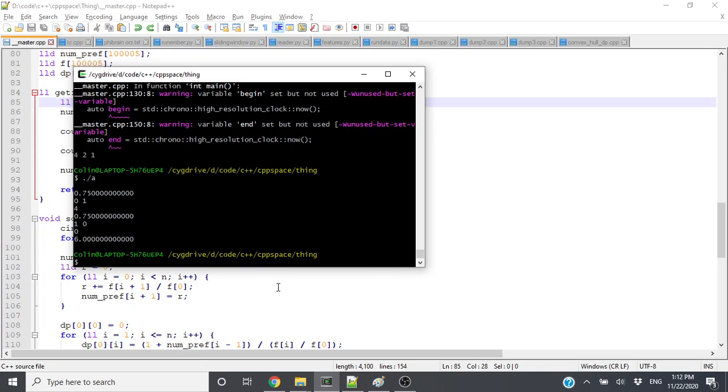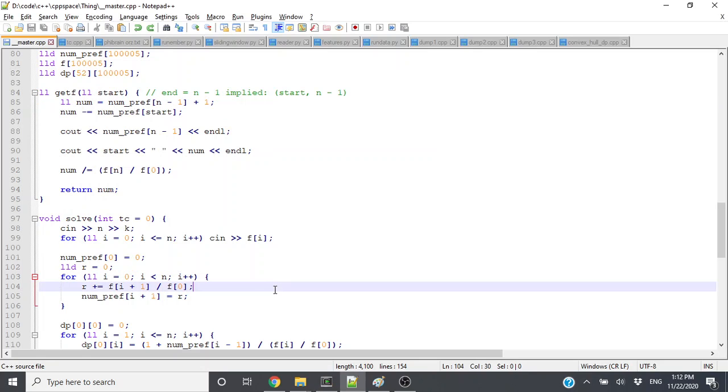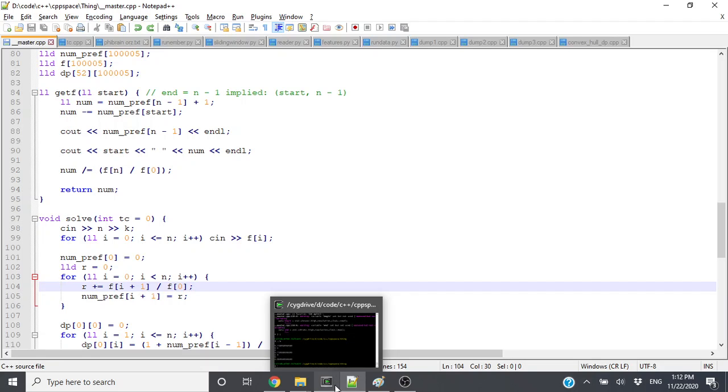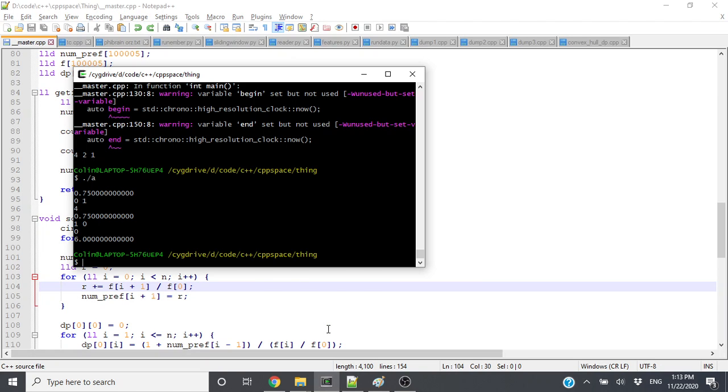Why is this so hard to focus on? So num prefix of n minus 1 is like the first one. So n is 3, so this is 2. And 2 is like the first 2. So it's P1 times P2.